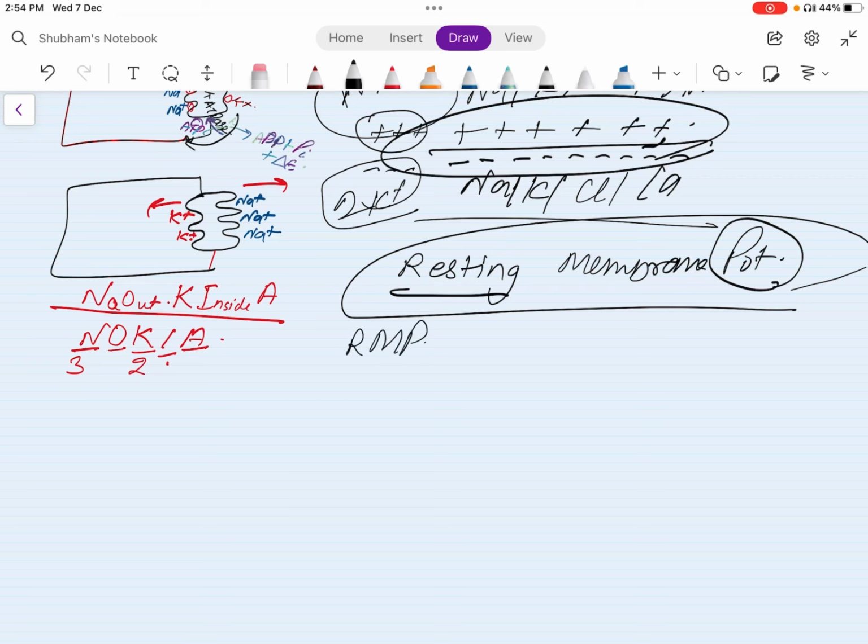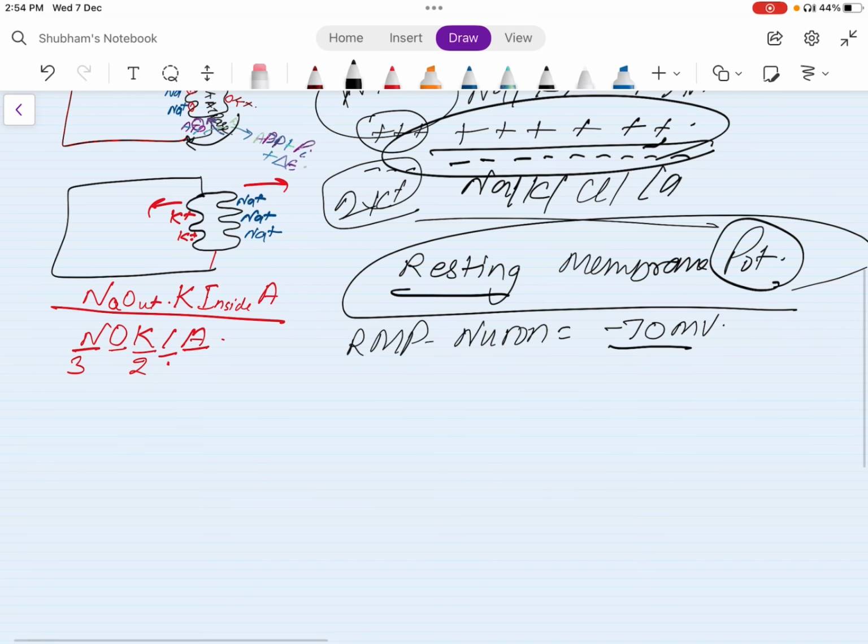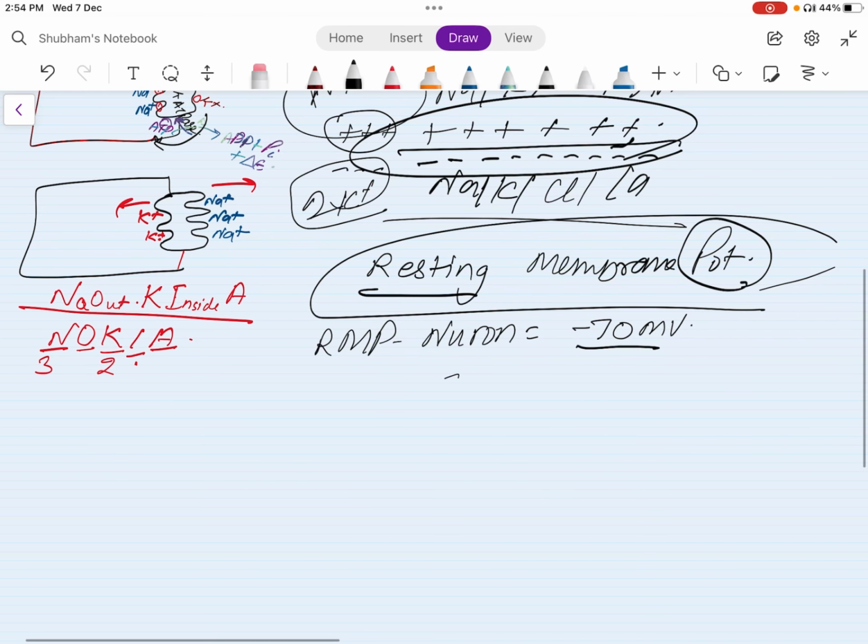Okay, so what are the values here? RMP for neuron is very commonly minus 70 millivolt. Minus 70 is because inside it is negative. In skeletal muscle, it is minus 90 millivolt.